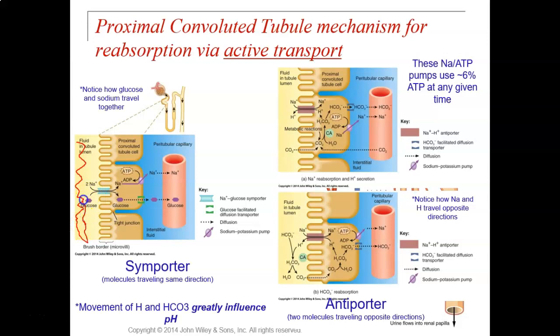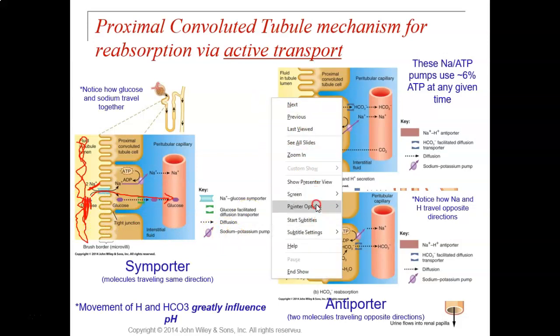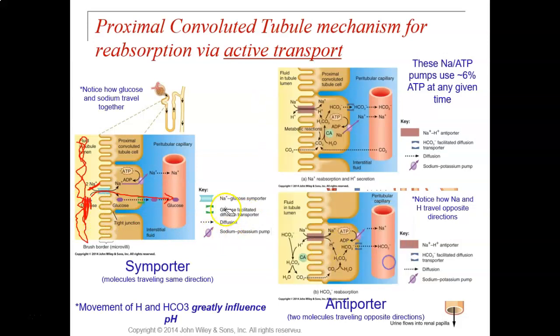If I'm a diabetic and I've got more blood sugar than I need, one of the ways these medications can work, and specifically Invokana, is this: I don't want that glucose to re-enter the blood if I've already got high blood sugar. I want it to remain in the urine. I want it to remain in the tubule, because if it remains in the tubule, it's going to eventually end up in the urine.